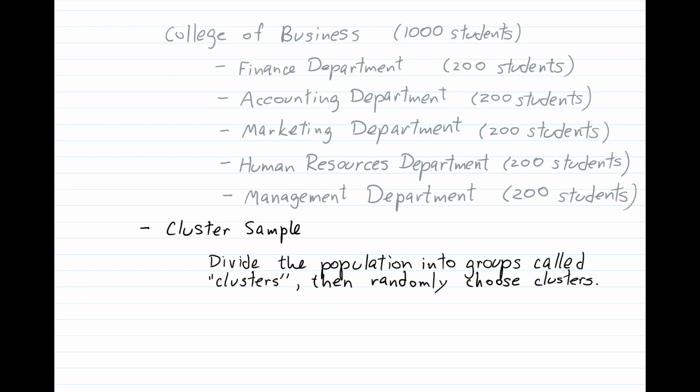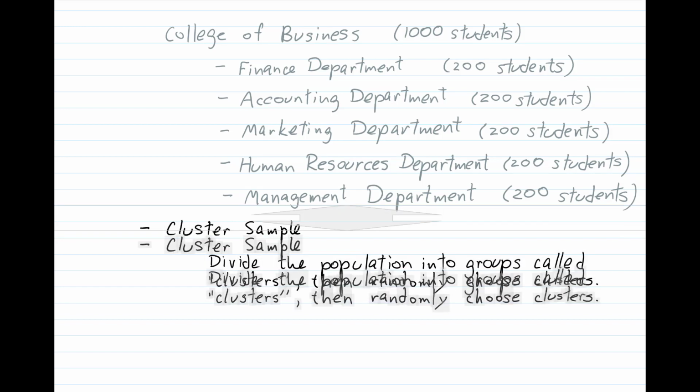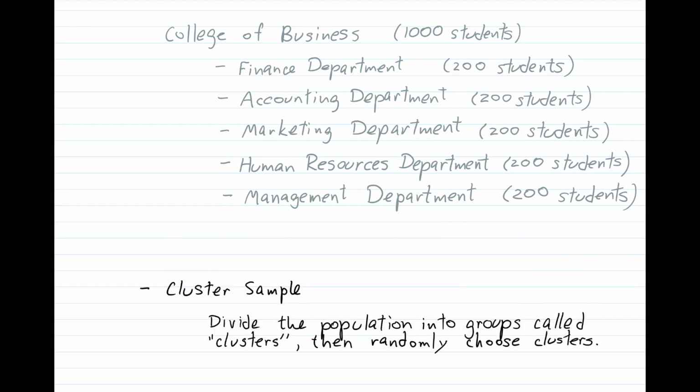Okay. So what you could do, if you wanted to do a sample, let's just say for the sake of argument this time, you wanted to do a sample of 400 people, then what you could do, and this would be a very easy way to do it, is you could just randomly choose 2 of the departments.